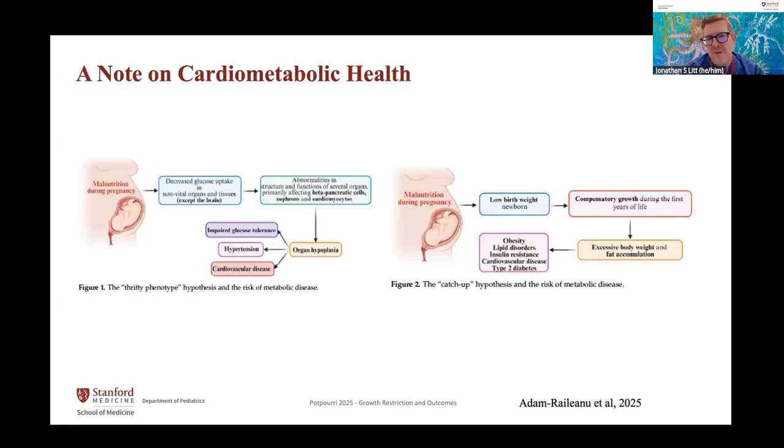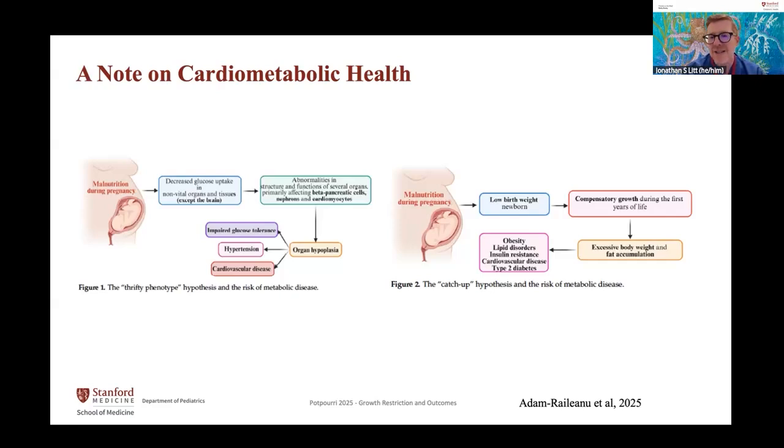We know children who are born growth restricted are a group we worry about for two different reasons. One, there's the idea that intrauterine deprivation of nutrients can cause abnormalities in your organs, particularly the beta cells of your pancreas, your kidneys, and your cardiac myocytes, that can cause organ hypoplasia and then dysregulation down the road in terms of your cardiometabolic health.